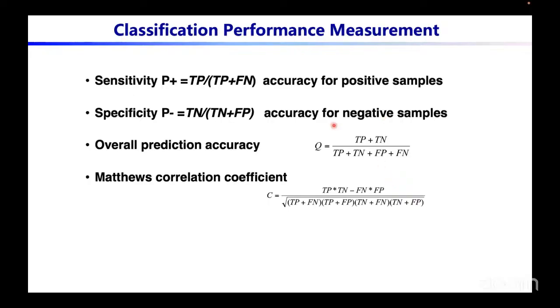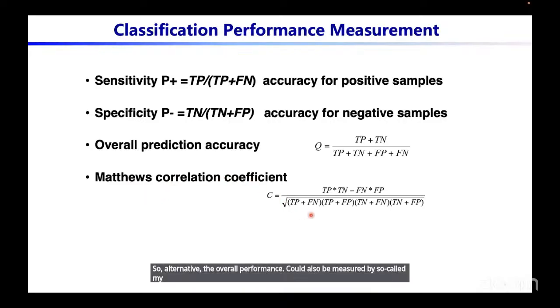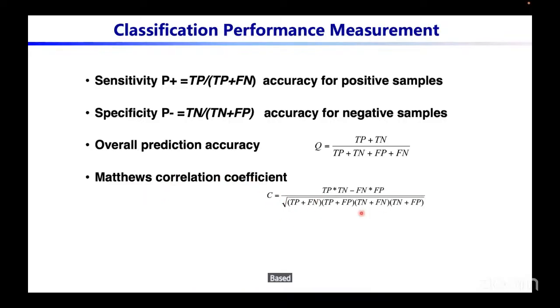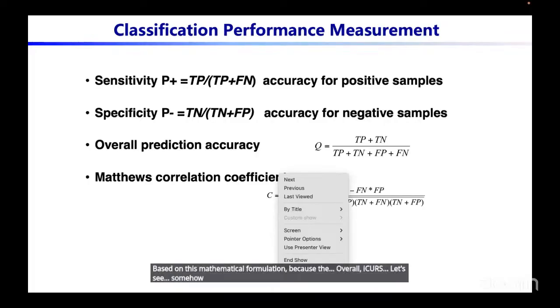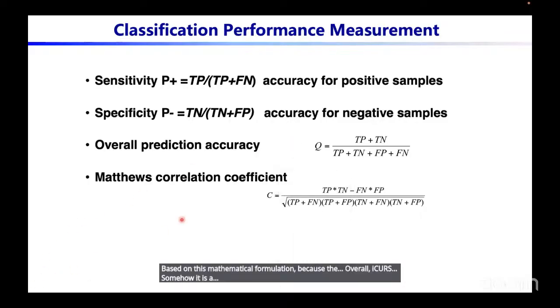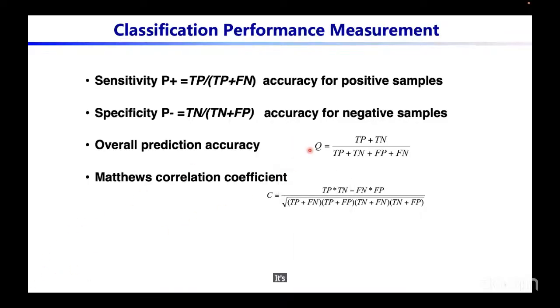Alternatively, the overall performance could also be measured by the so-called Matthews correlation coefficient, based on this mathematical formulation. Sometimes the overall prediction accuracy is a problem.